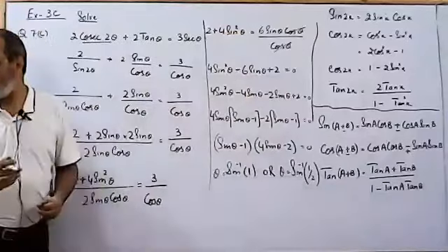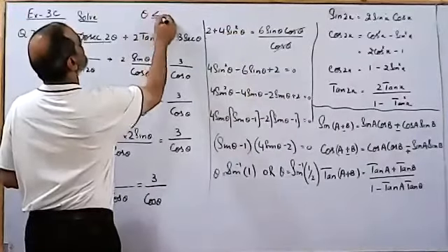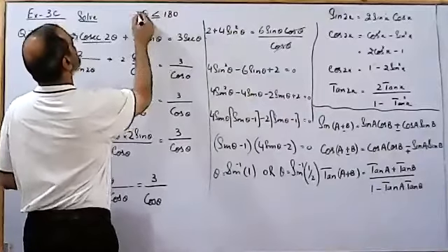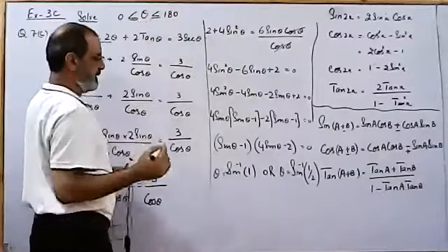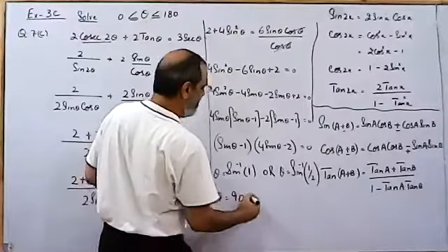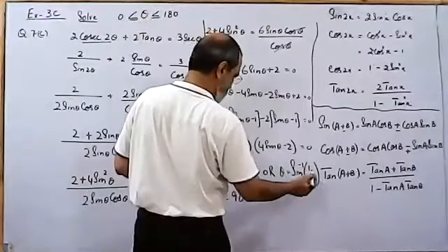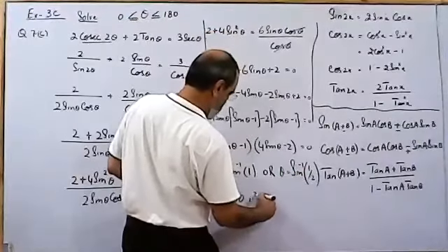We have a range of 0 to 180. Theta is between 0 and 180. So sine inverse of 1 gives you theta is equal to 90 degrees, and sine inverse of 1 by 2 gives you theta is equal to 30 degrees.